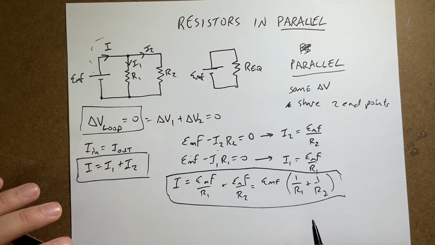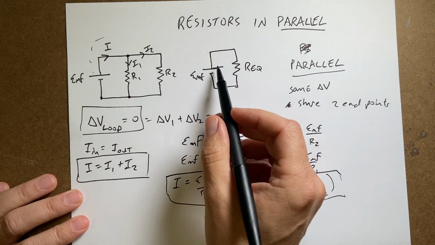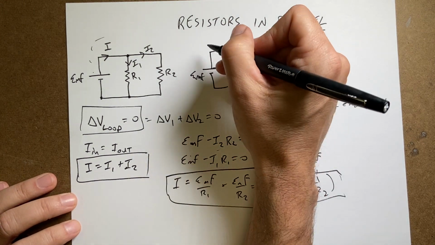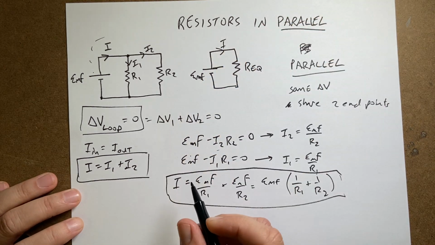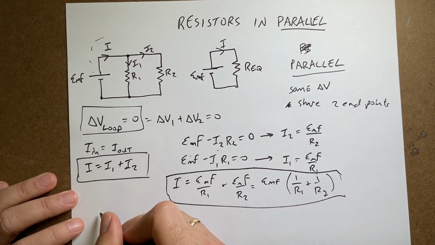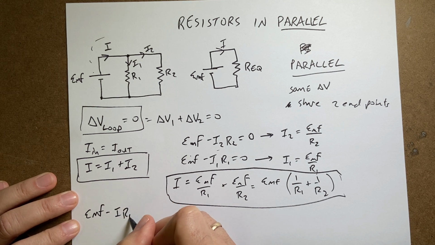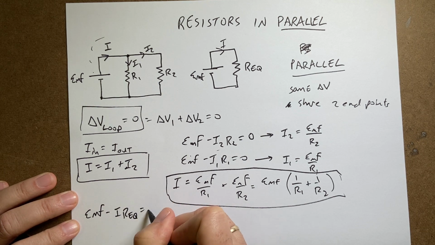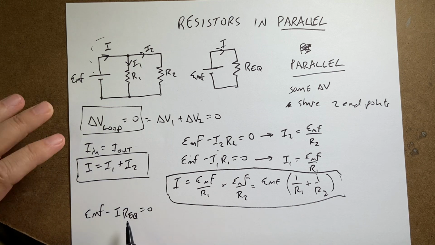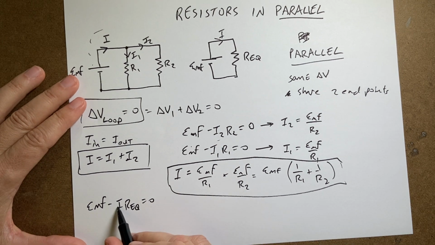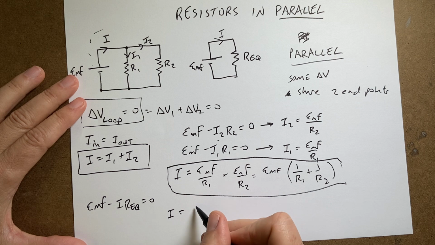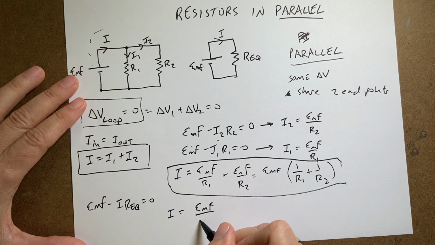Okay, now let's look at this circuit up here. I want to have the same current. If I do the loop rule for this one, it's easy. You have EMF minus I R equivalent equals 0. Solving for I, I get I equals EMF over R equivalent.